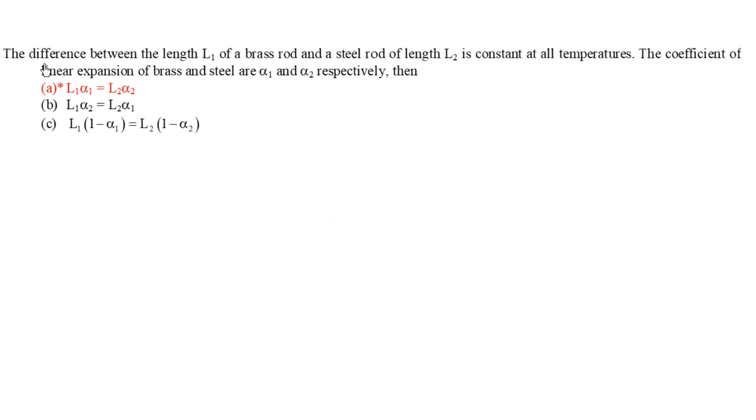The difference between the length L1 of a brass rod and the length L2 of a steel rod is constant at all temperatures. The coefficients of linear expansion of brass and steel are alpha 1 and alpha 2 respectively. We have to find which relation is correct. So we have two rods.